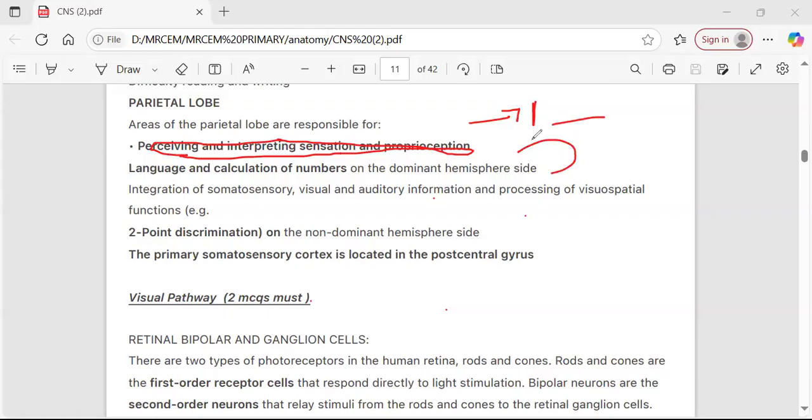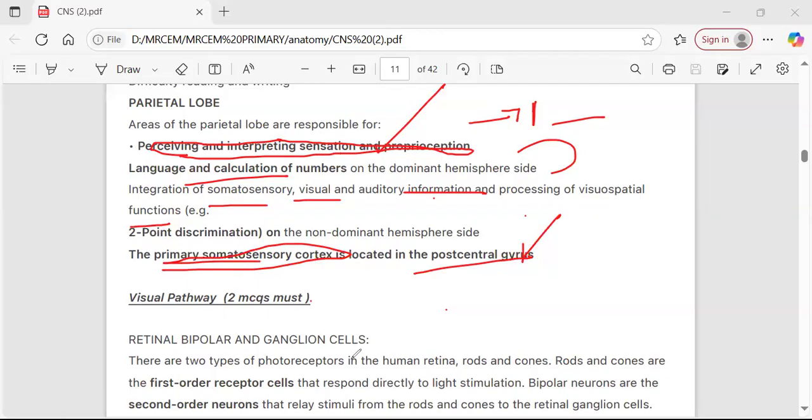So those are the functions of the parietal lobe: language and calculation of numbers on the dominant hemisphere, integration of somatosensory, visual, auditory information, processing of visuospatial function. Then the primary somatosensory cortex area is located in the postcentral gyrus, that's very important.